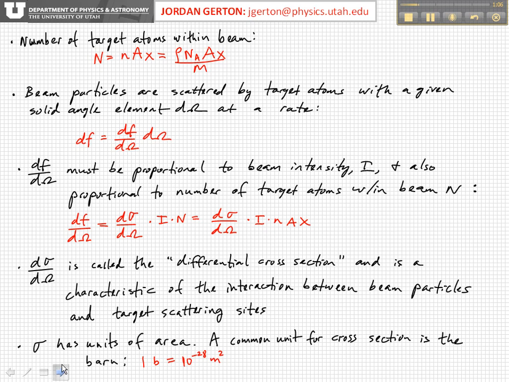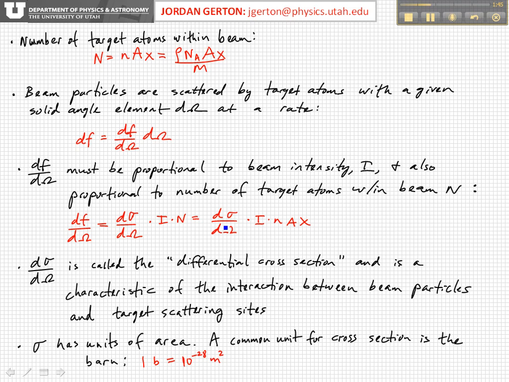So for example, if the beam particles are charged, like alpha particles, and the scattering centers in the target are nuclei, which are also charged, then the differential cross section dσ/dΩ is going to be related to the Coulomb force, which is going to deflect the beam atoms as they come and interact with the nucleus.